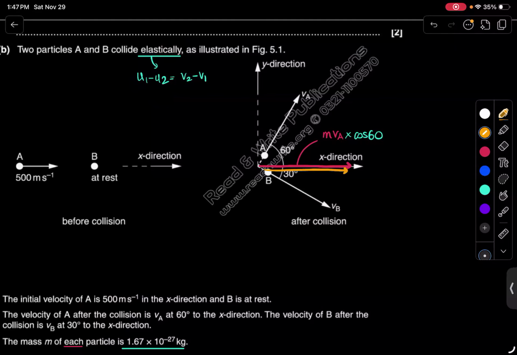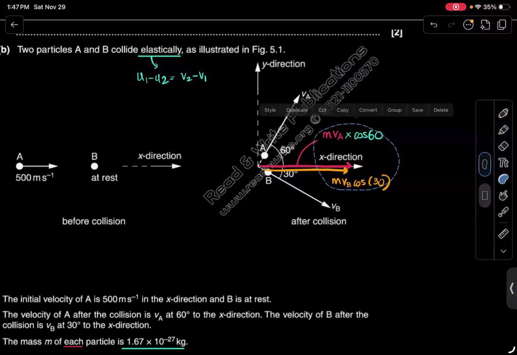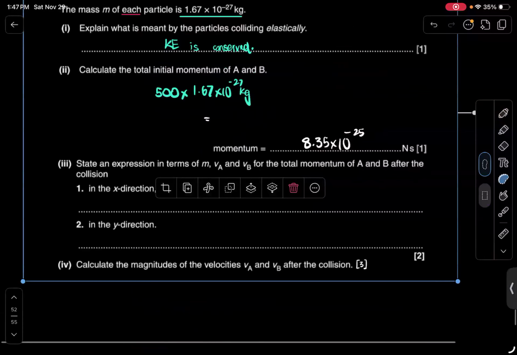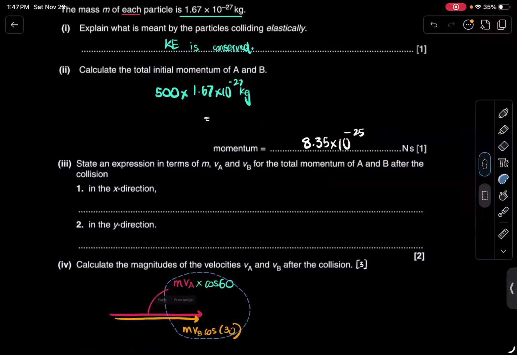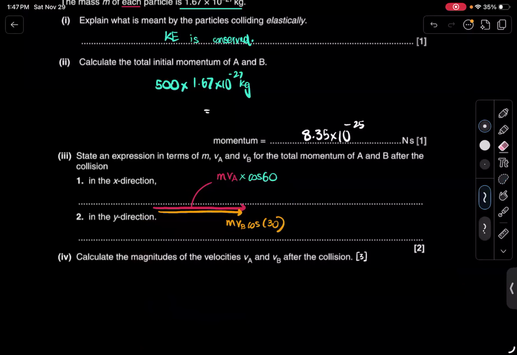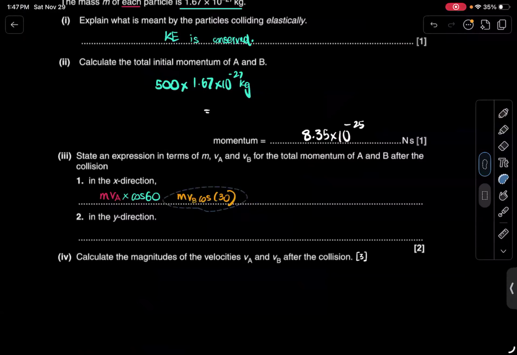It's going to be MVB cos 30. Okay, that's what they were asking for. Let's write that over here. So this is the total momentum in the X direction.